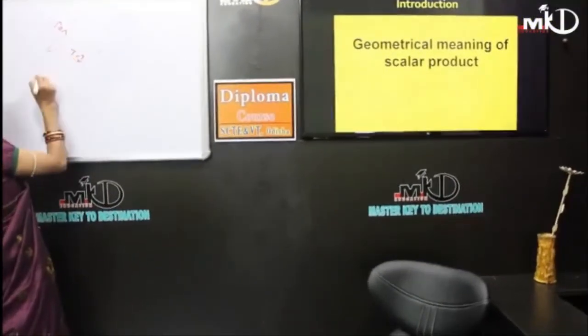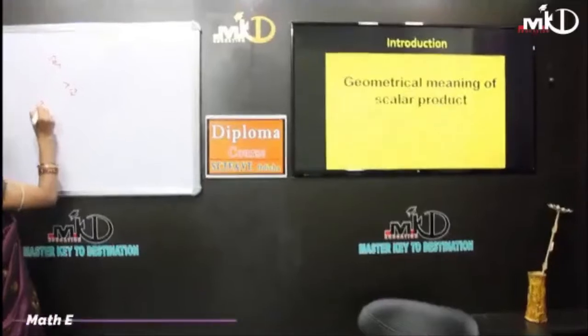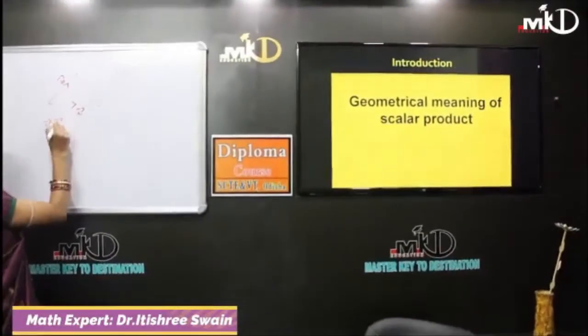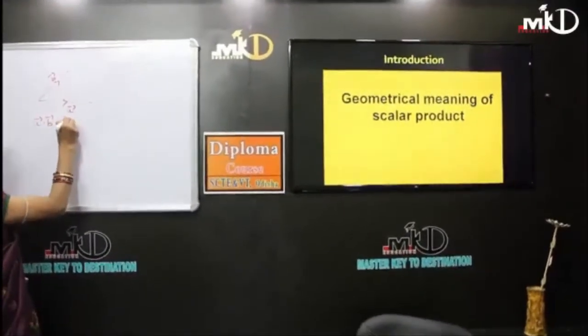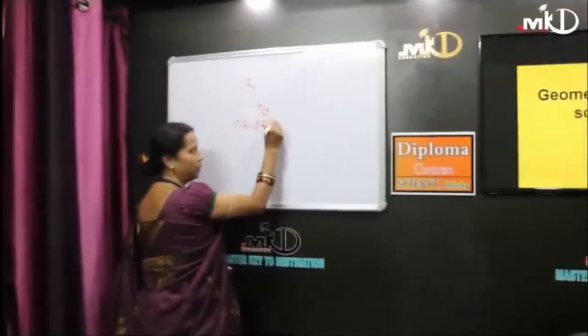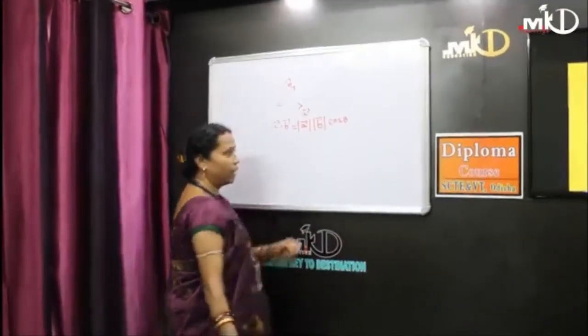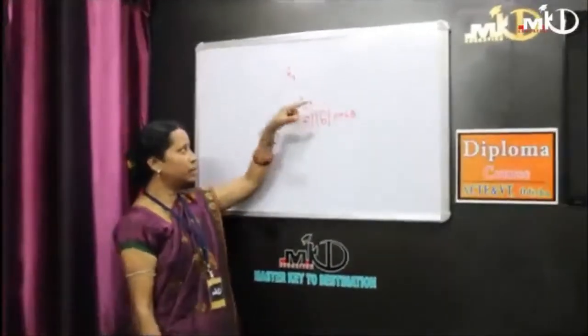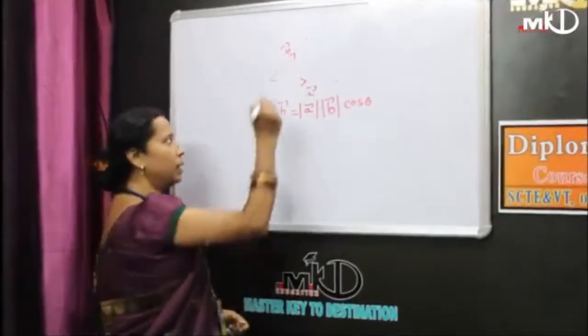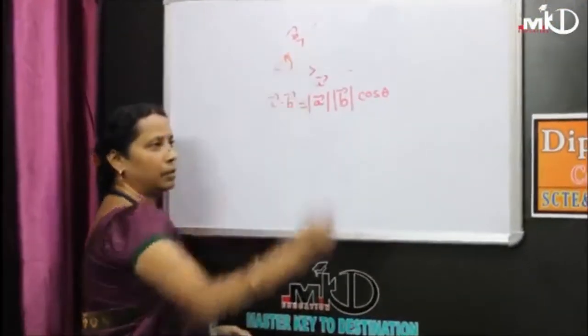Whenever we find the scalar product, A bar dot B bar is equal to modulus of A bar into modulus of B bar into cos theta, where theta is the angle between A bar and B bar, which we measure anticlockwise.